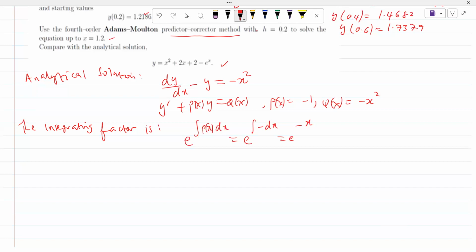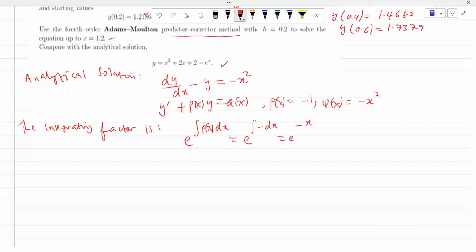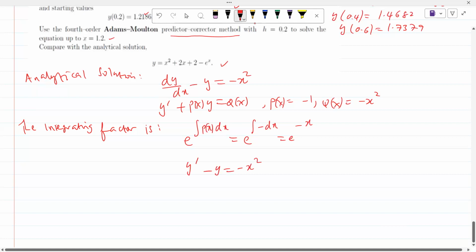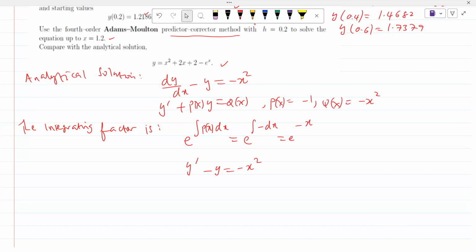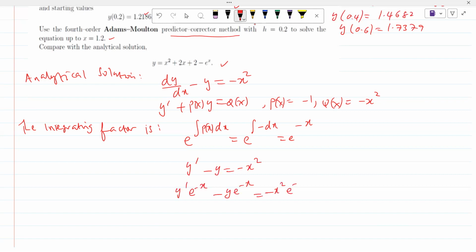And then now, when we got this, what do we do with this? We take the integrating factor, we multiply both sides of the differential equation. The differential equation itself given is y prime minus y is equal to minus x squared. So if we multiply by e to the minus x, it is y prime e to the minus x minus y e to the minus x.